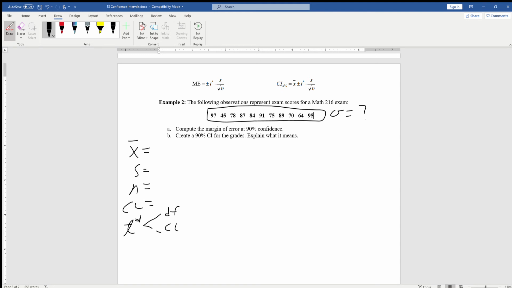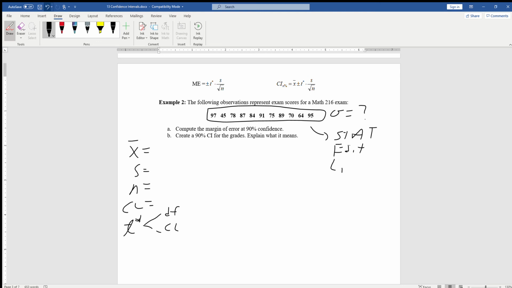Now, to find x bar and s, we're going to have to use a calculator function. For a TI-83 or 84, you're going to go under stat, and then edit, and then enter all the data into list 1.